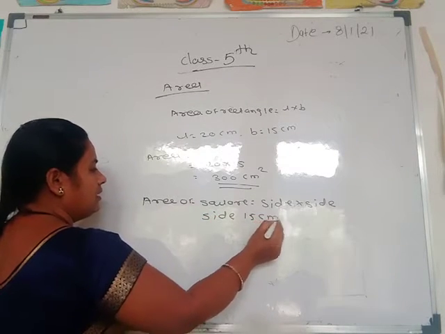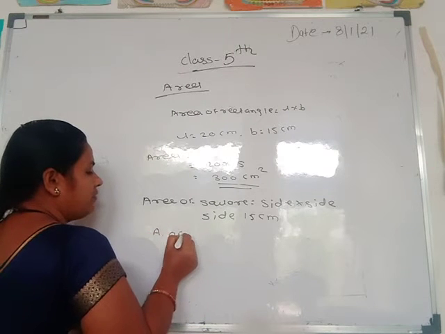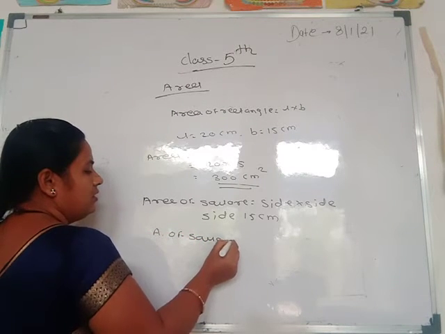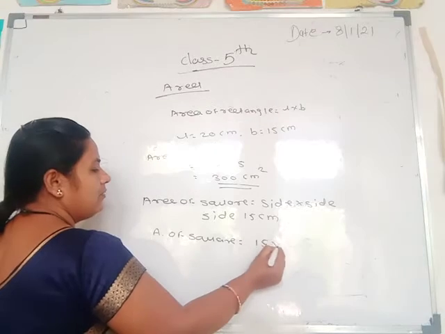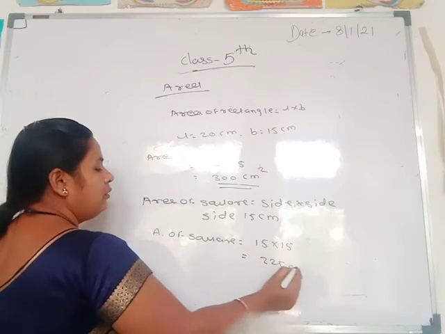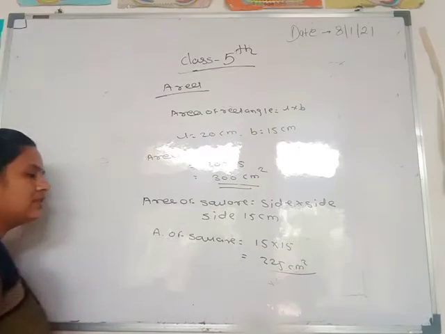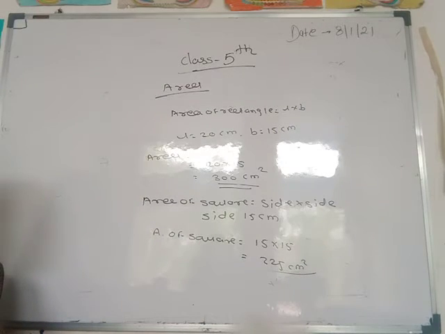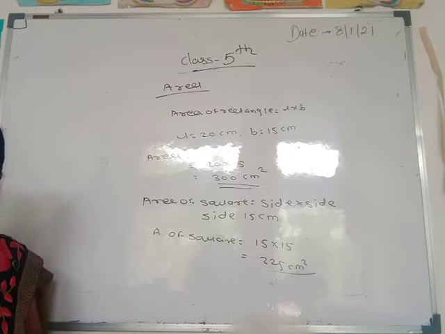You write area of square is equal to side into side, which means 15 into 15. Then 15 fives are 225 centimeter square. The area of this square is 225 centimeter square.